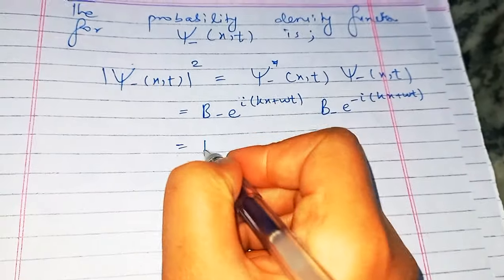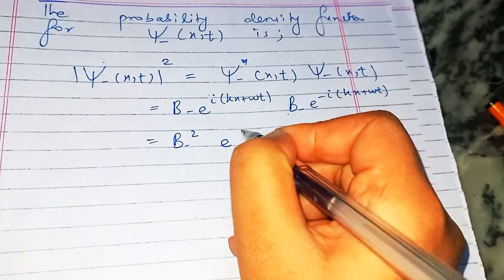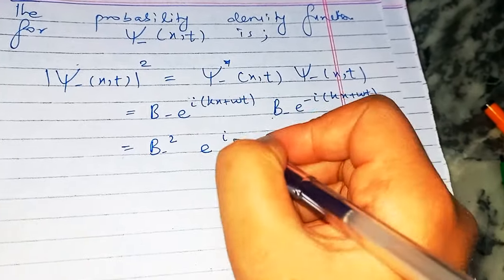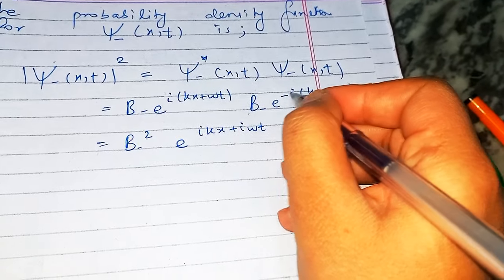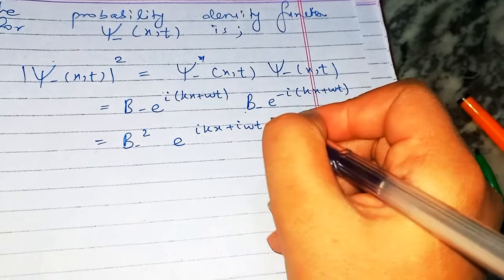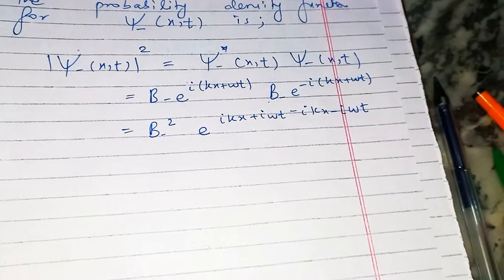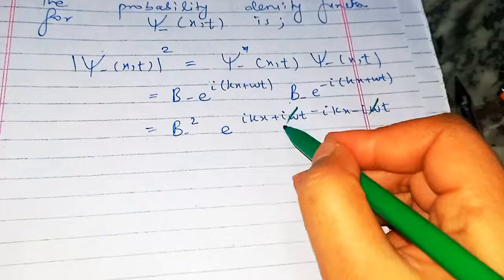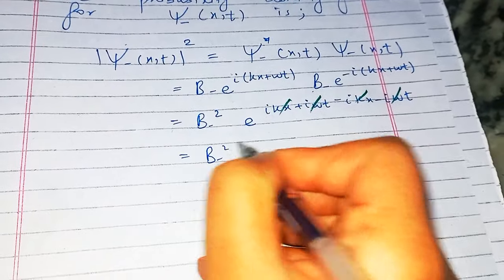We'll do the same thing. It's B minus whole square, and bases are same, so powers will be added. We'll multiply iota inside, it's iota kx plus iota omega t, and here we'll multiply minus inside, so it's minus iota kx minus iota omega t, and we can see that it cancels out, and it's e to the power 0.